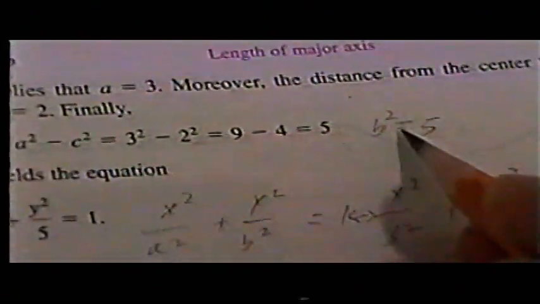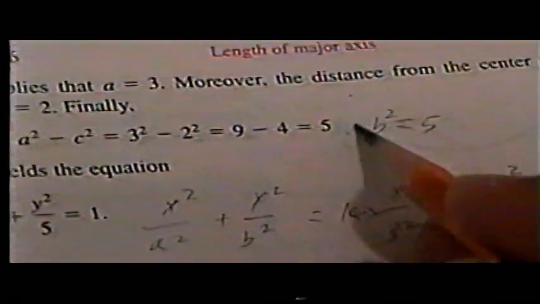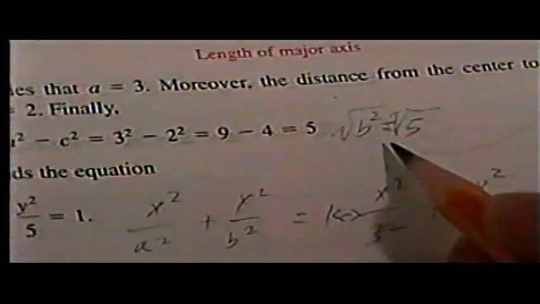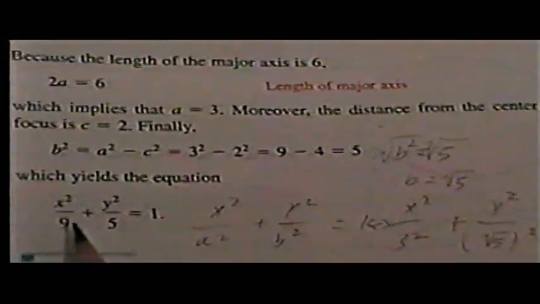To solve for b, all we have to do is take the square root of both sides, and that gives us b equals the square root of 5. So technically we would have y squared over the square root of 5 squared equals 1. Technically the formula would look like this, but since the author does it like this, I will accept it like this also.